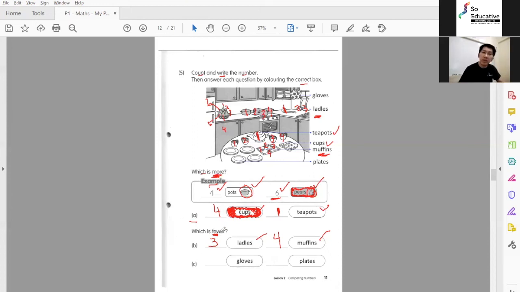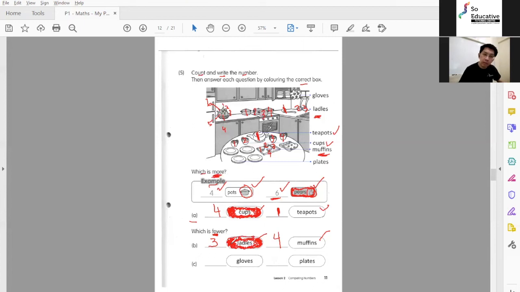Okay, which one has smaller number? Which is fewer? So there are fewer ladles. There are fewer ladles than muffins. Therefore, we are going to color the ladle here. So again, you can take out another color of your choice and start coloring this box.